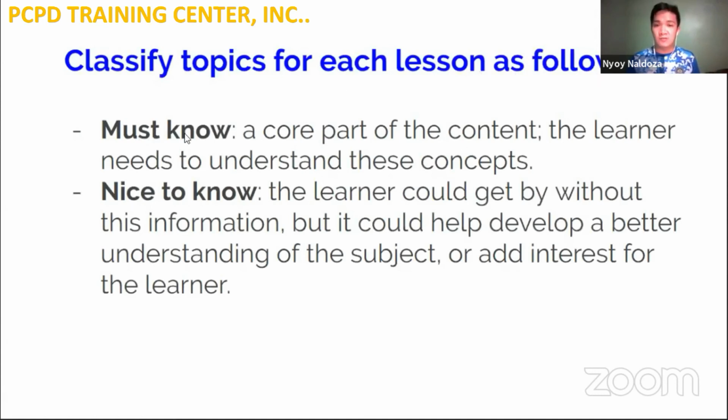Anything that is must-know is the core part of the content. Anything that is nice-to-know, students could get by without this information, even if you don't discuss it. Must-know is anything considered very essential or mandatory to accomplish based on the learning competencies of the course.